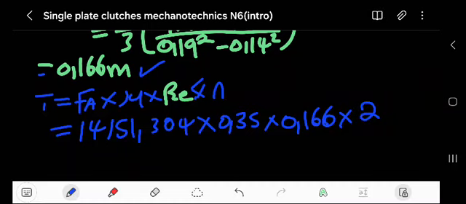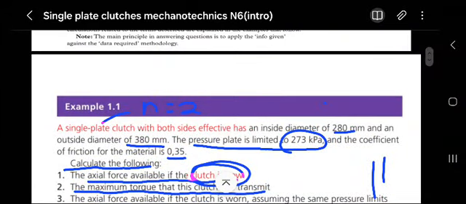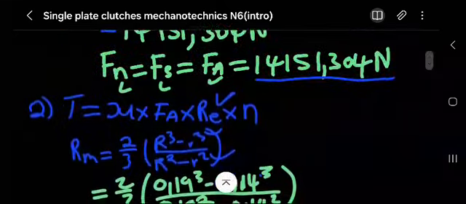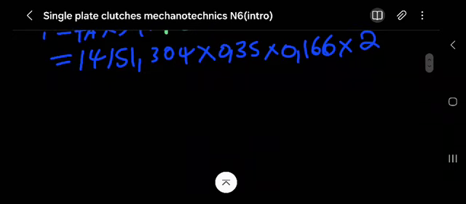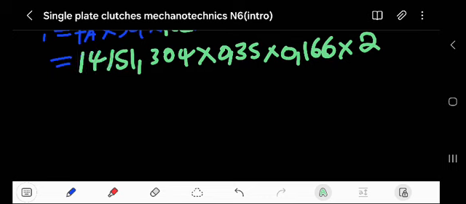Remember, dealing with a single clutch plate with both sides effective, I said we'll have 2 contacts. Then punch this on your calculator, and we'll get 1.6.